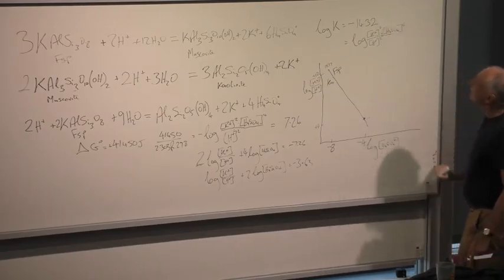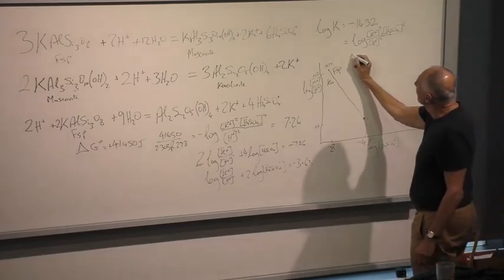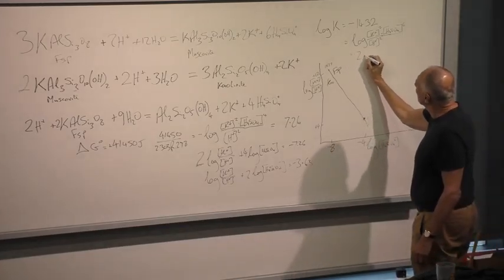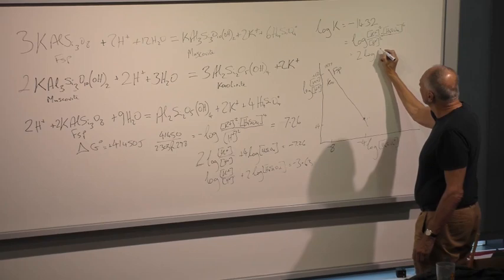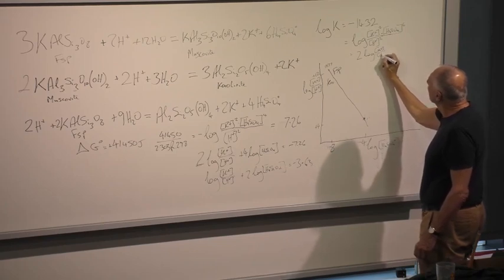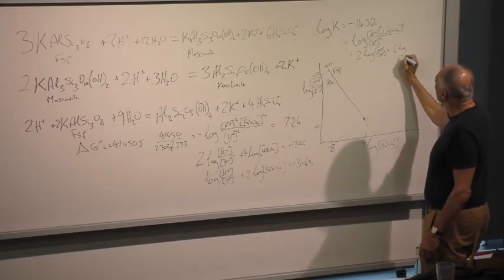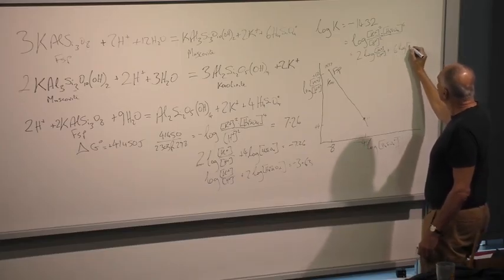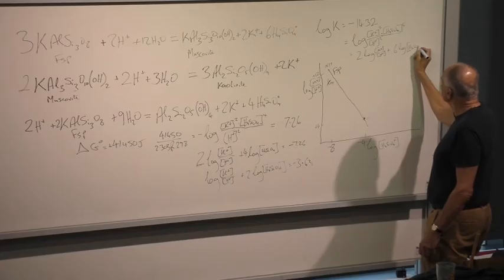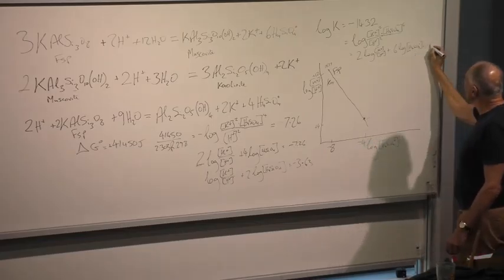Separate them. So it's 2 log K plus over H plus plus 6 log H4SiO4 concentration equals minus 14.32.